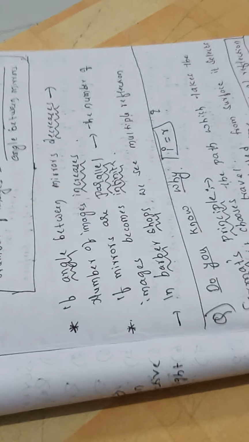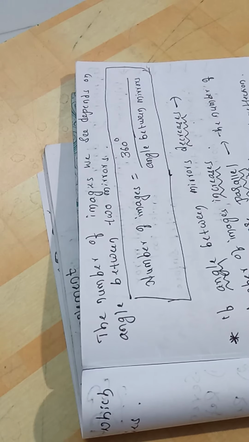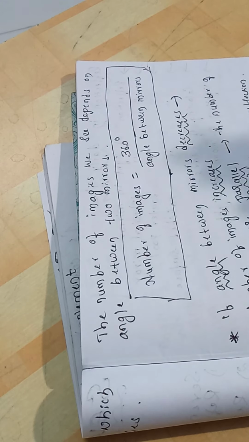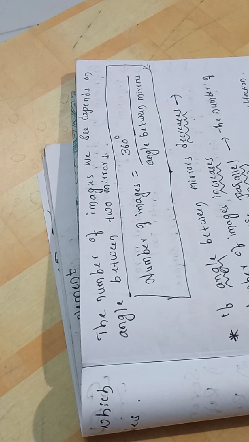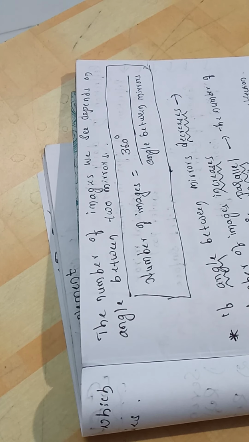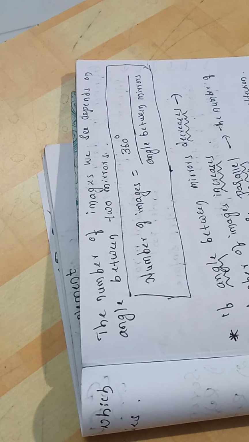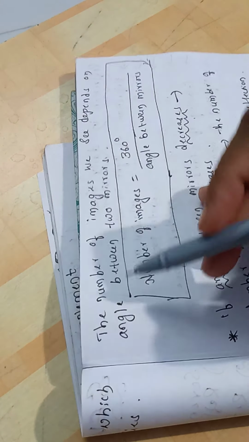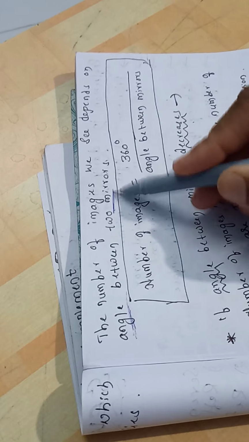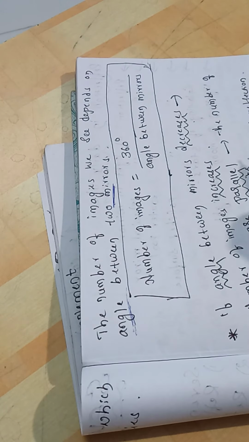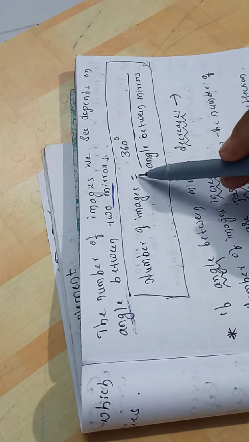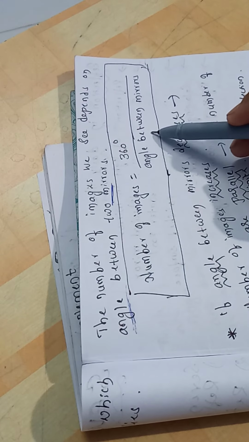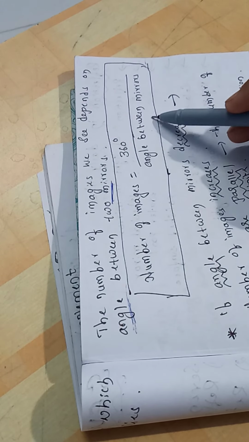Now next, how to know how many images are formed? If a number of images are formed, then how many images are formed? The total images depends upon the angle between the two mirrors itself only. So number of images is equal to 360 divided by angle between mirrors.